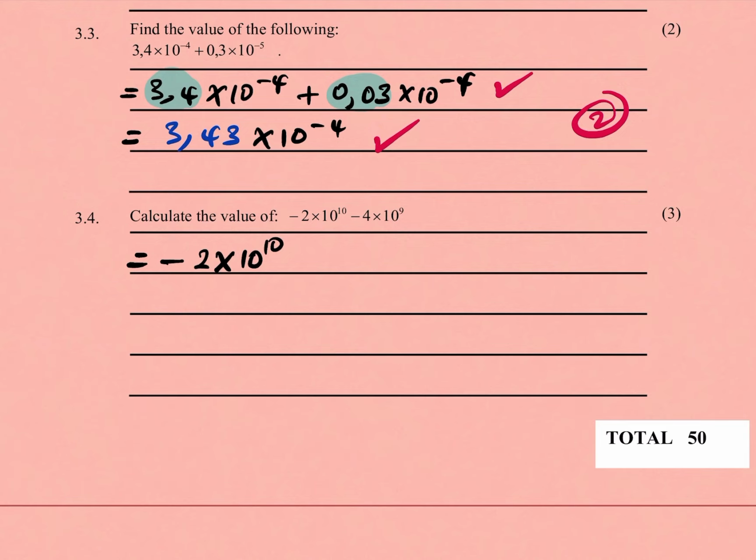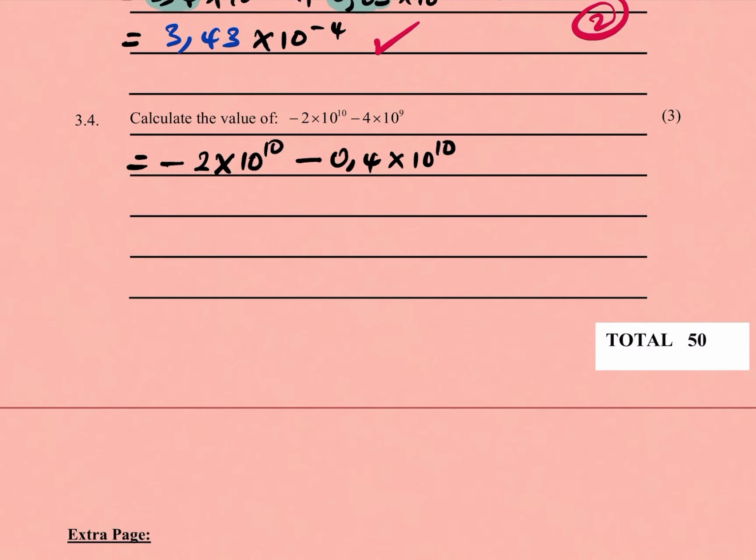So this should be the easiest thing. Hey, think about it. You add 1 to the right there. So this means that you're going to be minus 0.4, okay, to the right, and multiply by 10 to the power 10. Now that the bases are the same, what you can do is you can really subtract these two numbers.